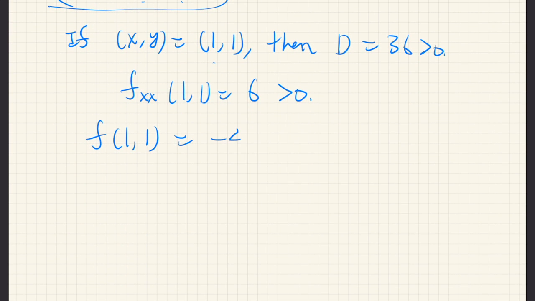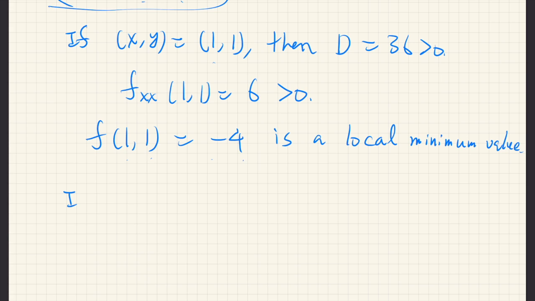So negative 4 is a local minimum value. So this function takes a local minimum value of negative 4 at (1, 1).